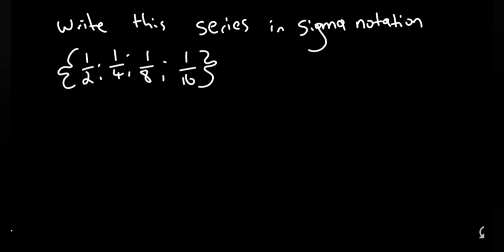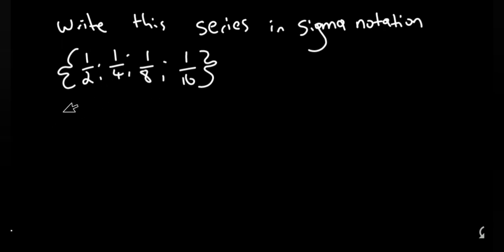If you write this series in sigma notation, you always need to find the general equation. Since this is a geometric sequence, we need to find the general equation of this geometric sequence.